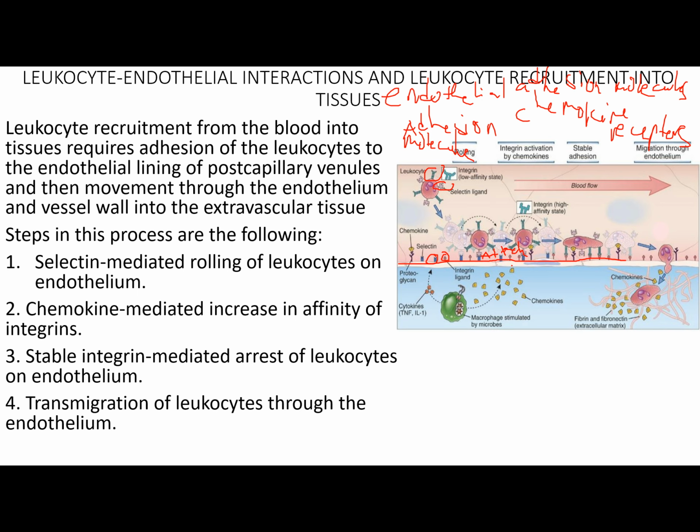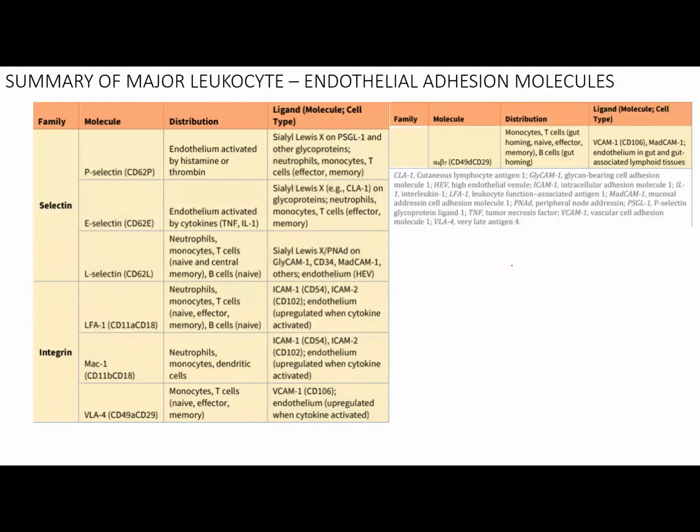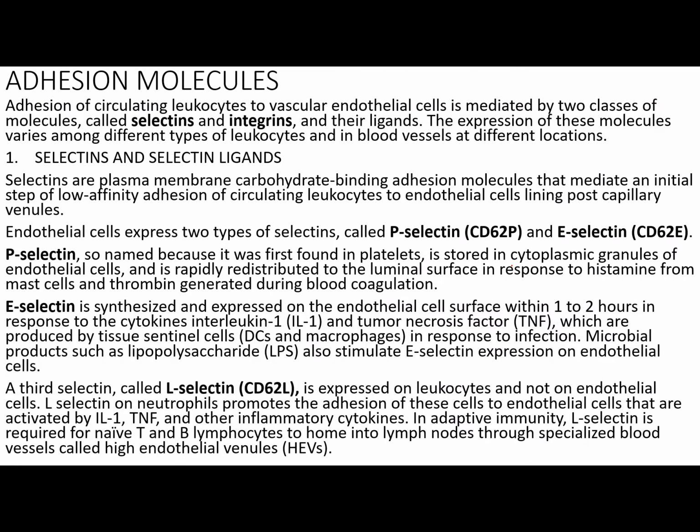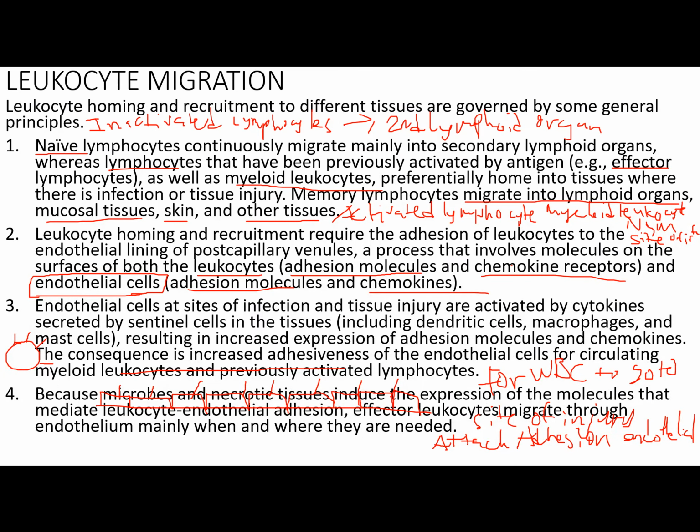So ulitin ko class, for your WBCs to move or to go to the site of infection, they have to attach to the endothelial cell using their adhesion molecules and chemokine receptor.